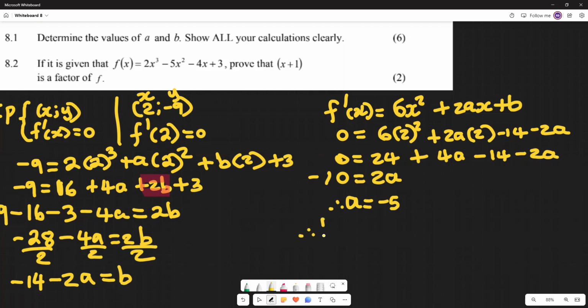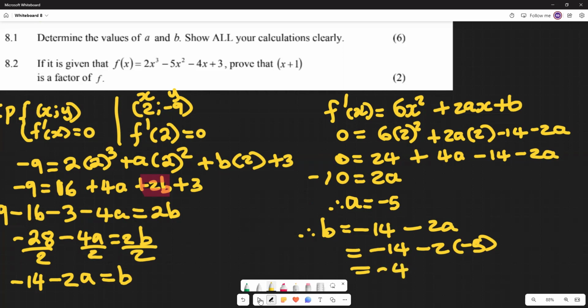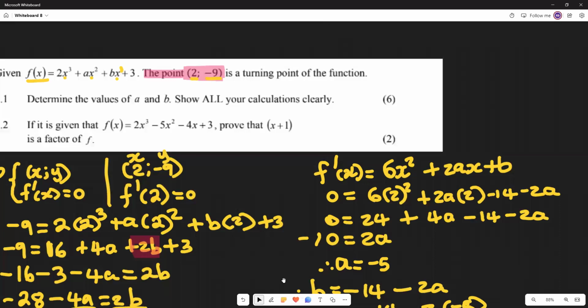Now we can see that b is equal to minus 14 minus 2a, which is minus 14 minus 2 times negative 5. We replace the a with its value, negative 5. That gives us negative 4. So the value of a is minus 5 and the value of b is minus 4. Then we have answered that question.